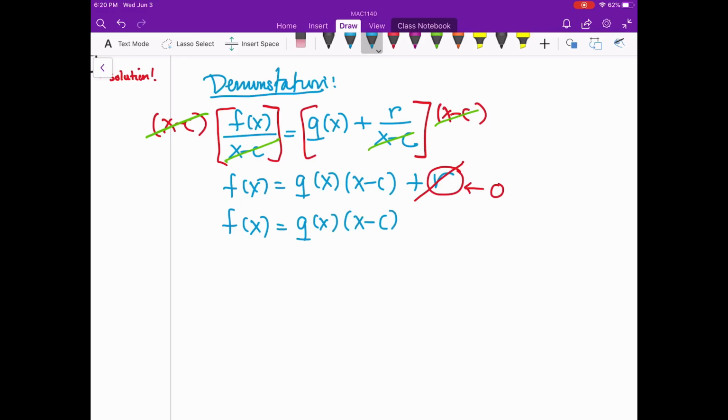And as you can see, these two are factors. That's what this theorem means. As soon as you have 0 as a remainder, you can then turn this into a factor of f of x.